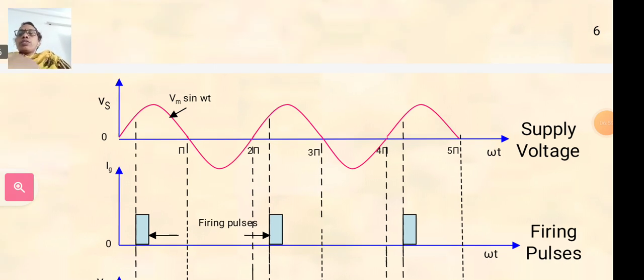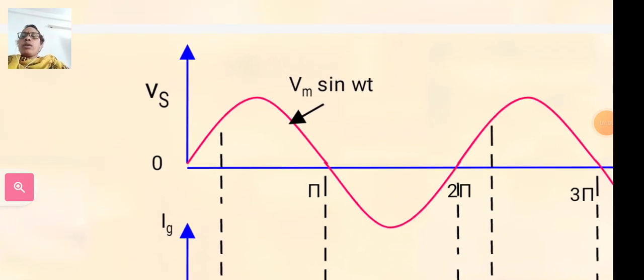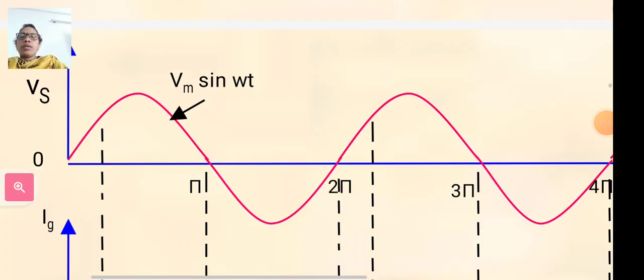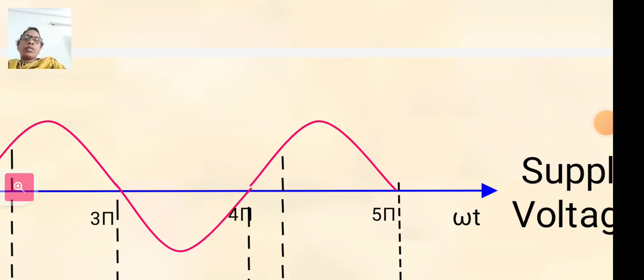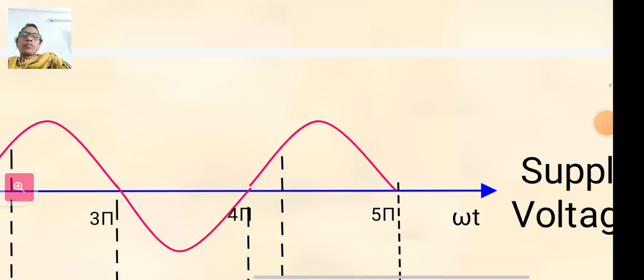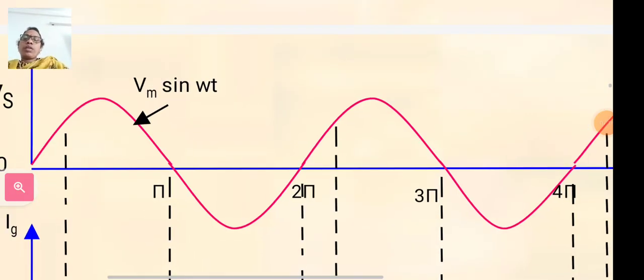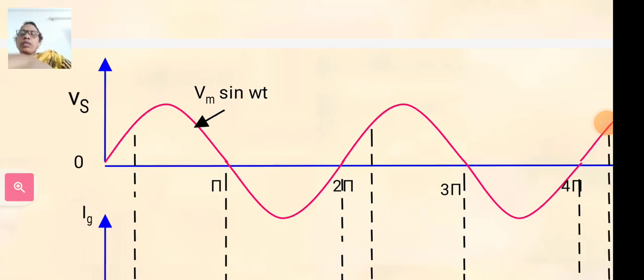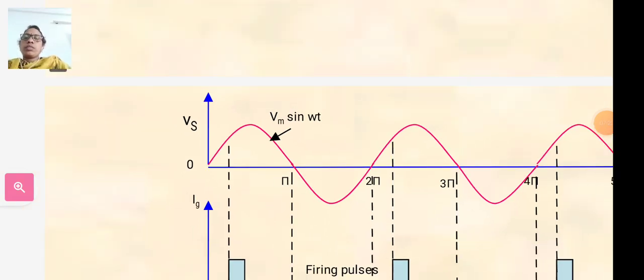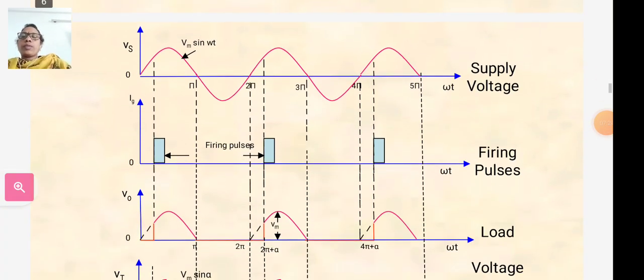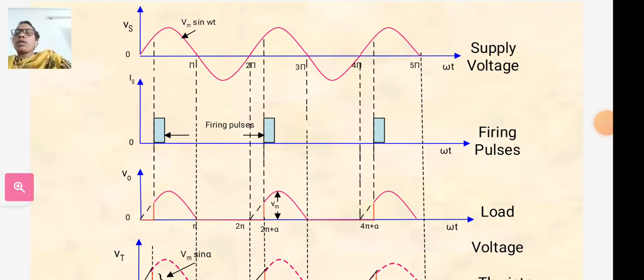The supply voltage is sinusoidal; on the y-axis we consider the supply voltage, and on the x-axis we take omega t. The amplitude of the sine waveform is the maximum voltage.